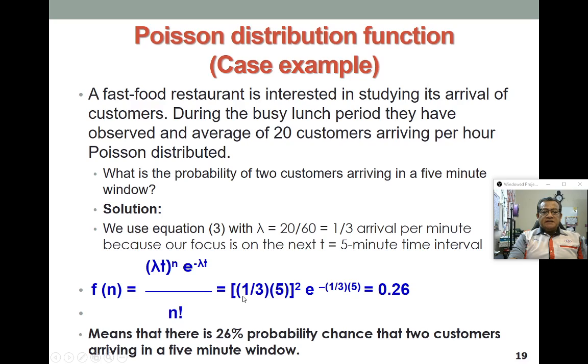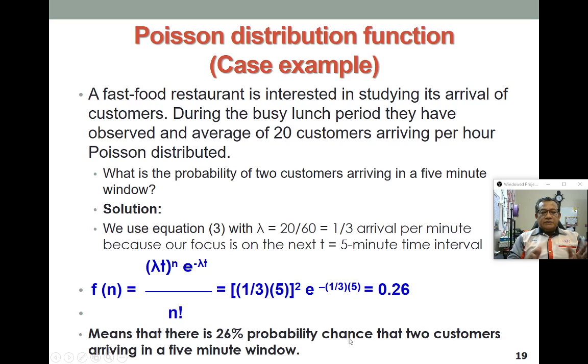So the calculation is basically this: 1/3 multiplied by 5 to the power of 2, multiplied by e to the exponent negative 1/3 multiplied by 5. So you will have the calculation as 0.26, which represents 26% probability that 2 customers will arrive within the 5 minutes.